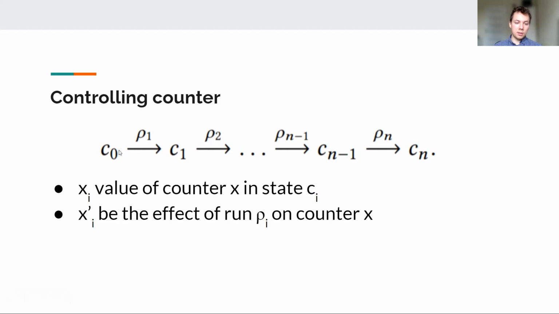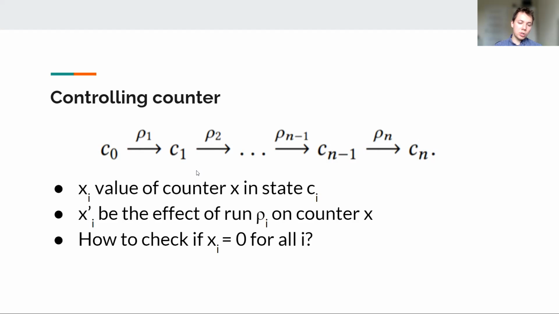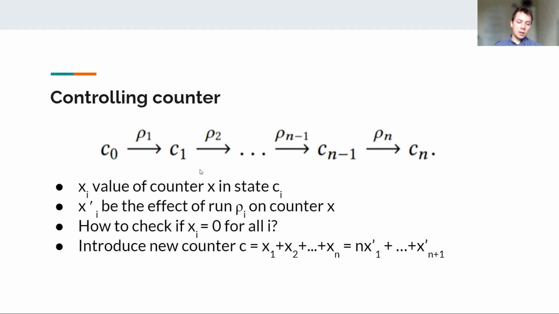So x1 prime is the effect on x between these two points, and x2 prime is its effect on x between c1 and c2. So how do we check if xi equals 0 for all i? We can simply check that the sum x1 plus x2 and so on equals 0 at the end.